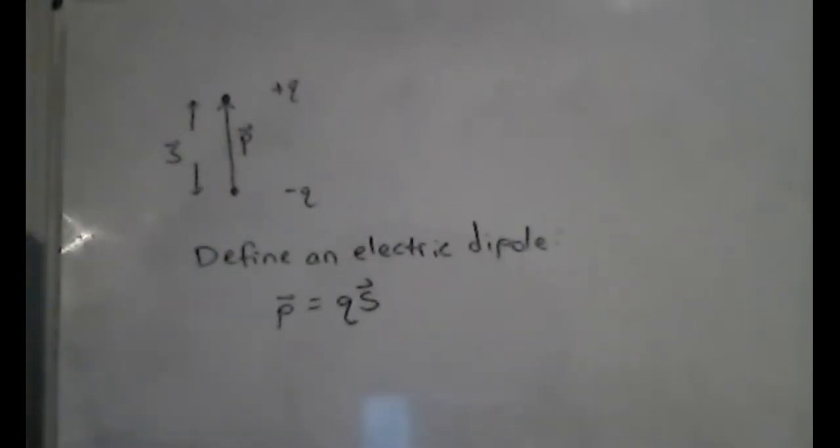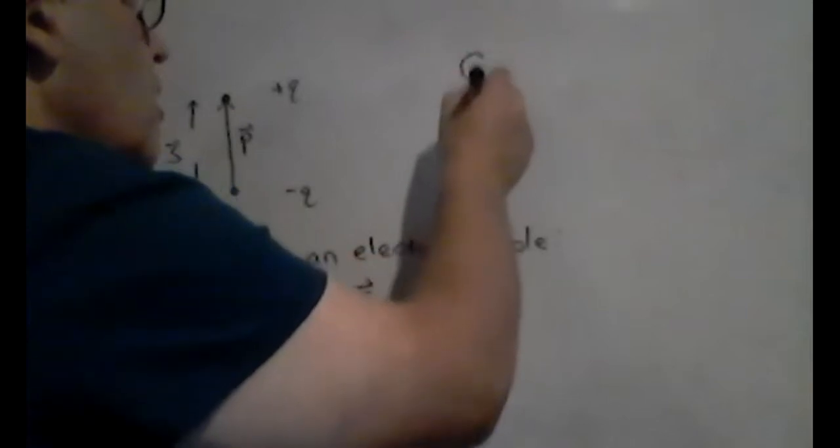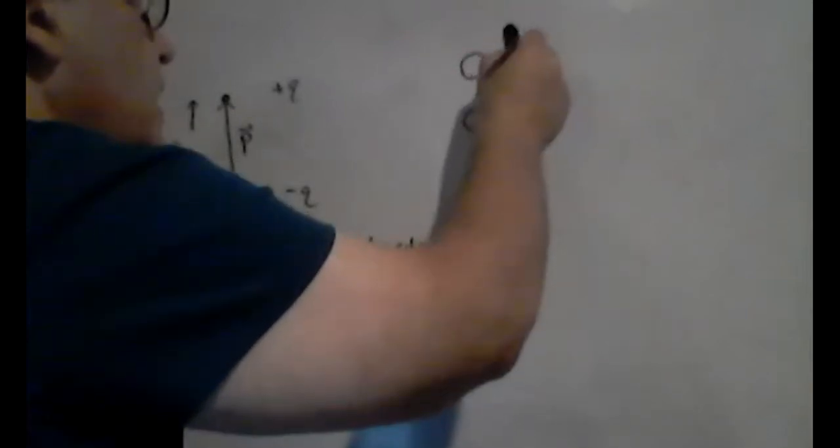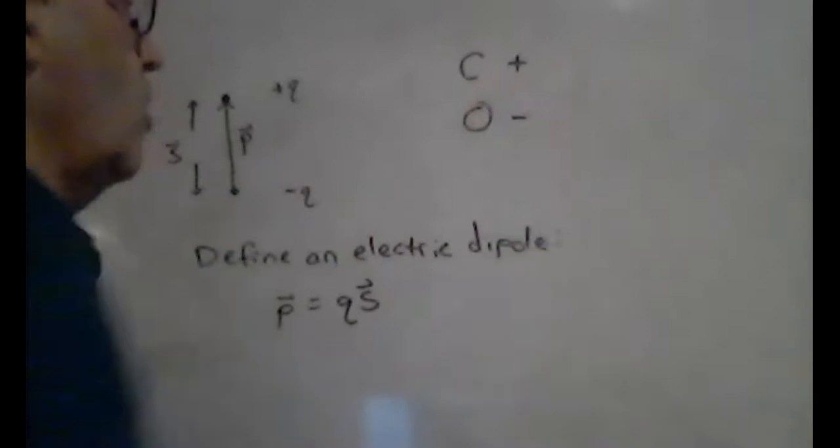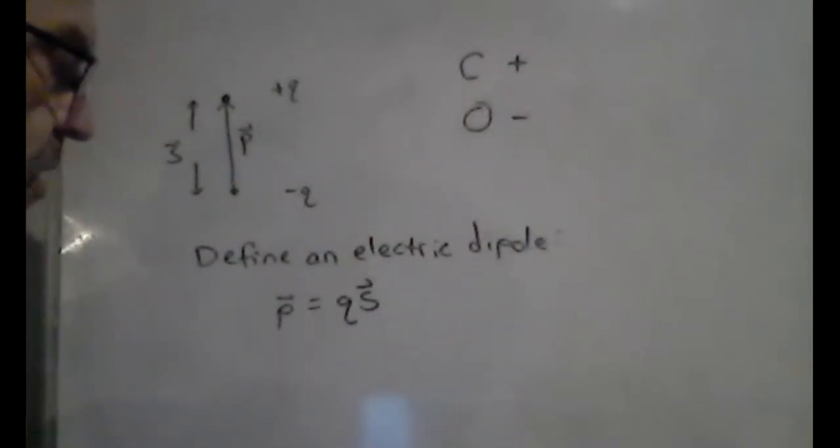Dr. Edmonds gives an example of carbon monoxide. Carbon monoxide, if you look at it, is just CO. The C you can think of as a positive, and the O you can think of as a negative, and together they form an electric dipole. Water is another example. Now you have H2O, right?